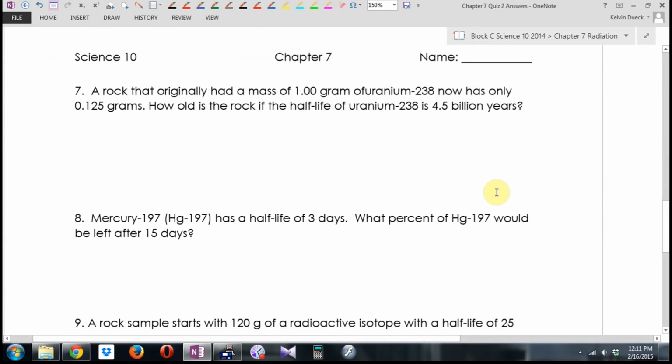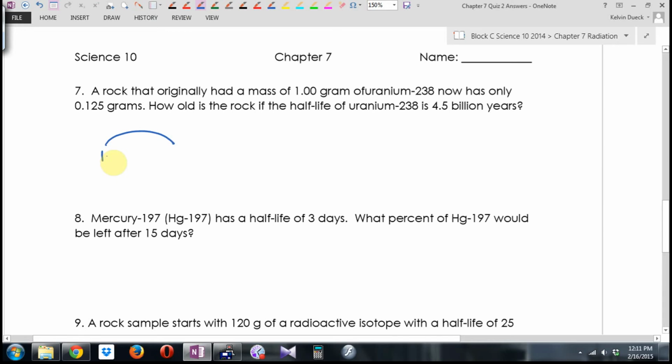A rock that originally had a mass of 1 gram of uranium-238 now only has 0.125 grams. How old is the rock? We're starting with 1.